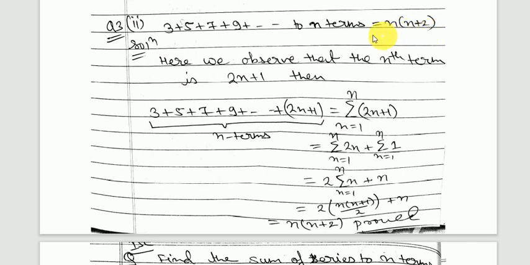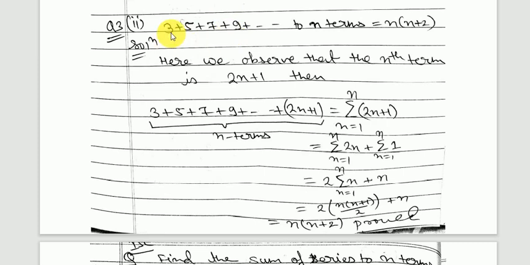Getting it? So what I have to do is, firstly, find how the nth term of this series is defined. By what rule is the nth term of this series defined? By seeing it only you can make out that here it's a sum of odd numbers starting from 3: 3, 5, 7, 9.